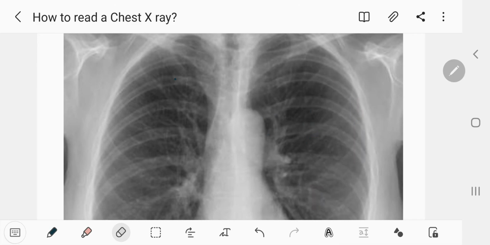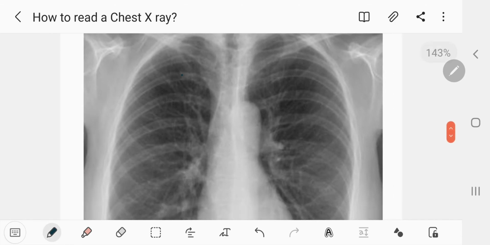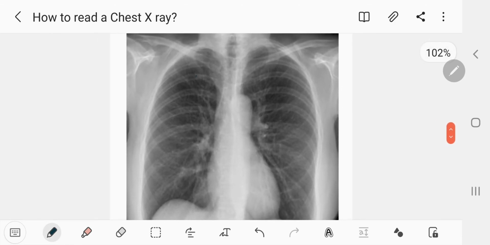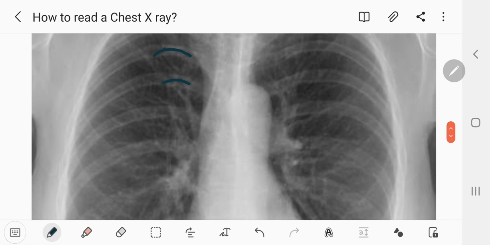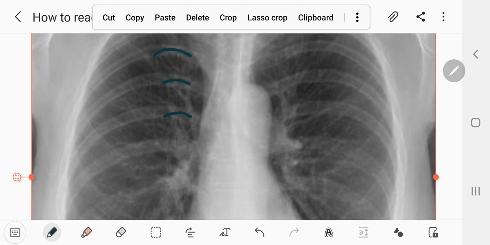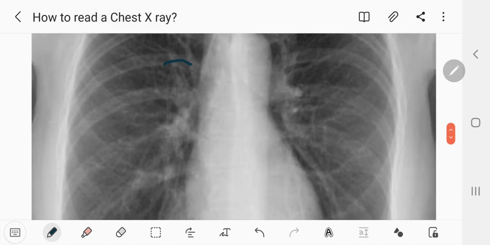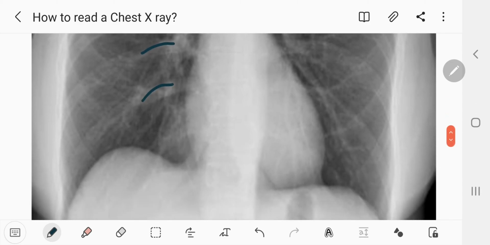Let's now count how many ribs are present in this normal chest radiograph. If you can see, the first rib over here, the second one over here, then we have third, fourth, and we are counting the posterior ribs, 7, 8, 9, 10. A little bit of 11, but 11 is not really visible anyway.